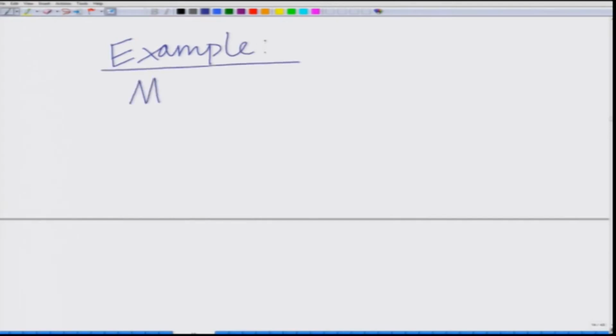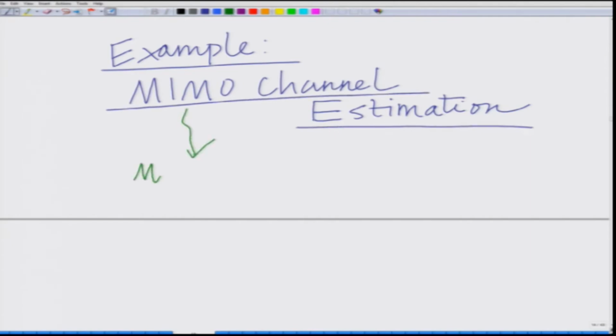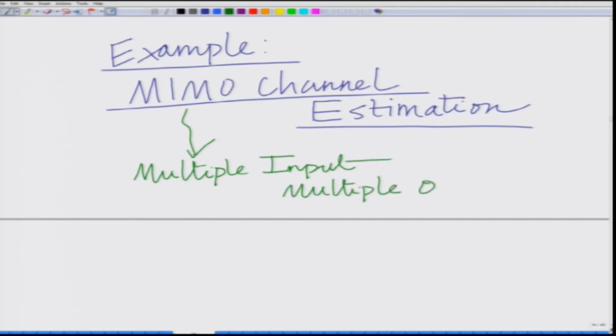As we have already said, and just to recap a little bit, MIMO stands for multiple input multiple output.